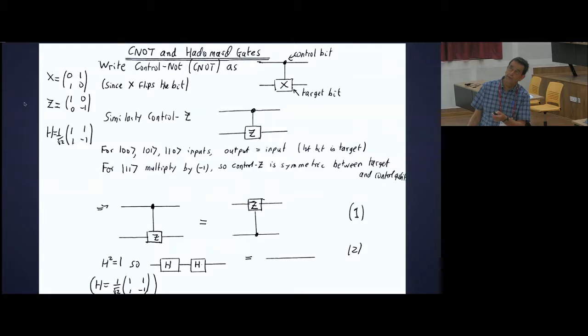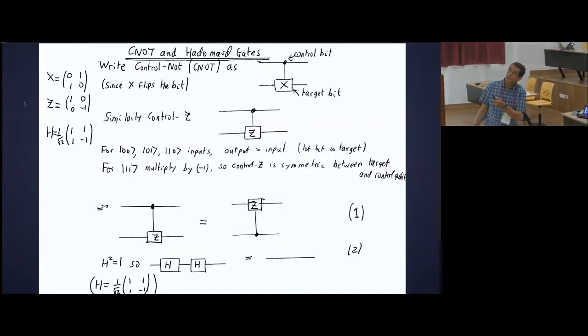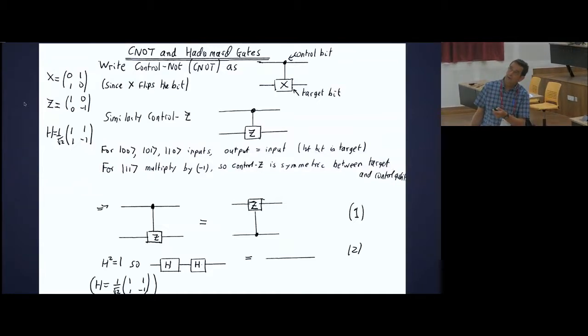So for 0, 0 and 0, 1 input, the right-hand states at the end are the same as the states at the beginning. If the control qubit is 1 and the target qubit is 0, then this target qubit 0 is acted on by Z, but when it's 0, it does nothing because we have +1 here. So also the 1, 0 state is unchanged by this.